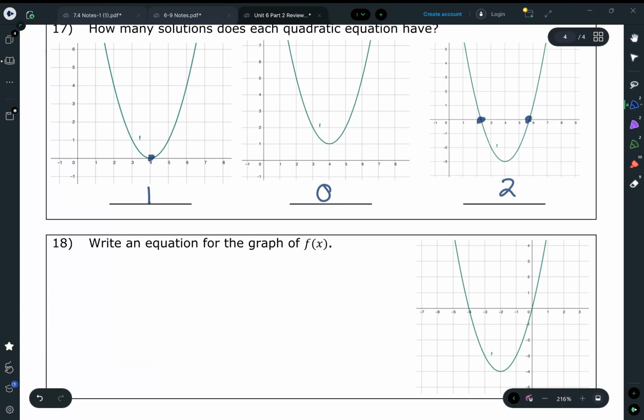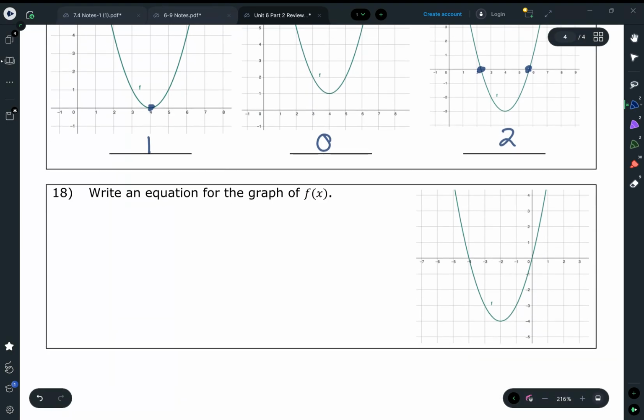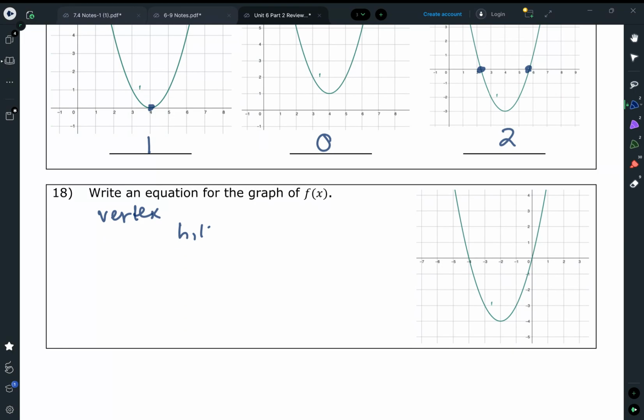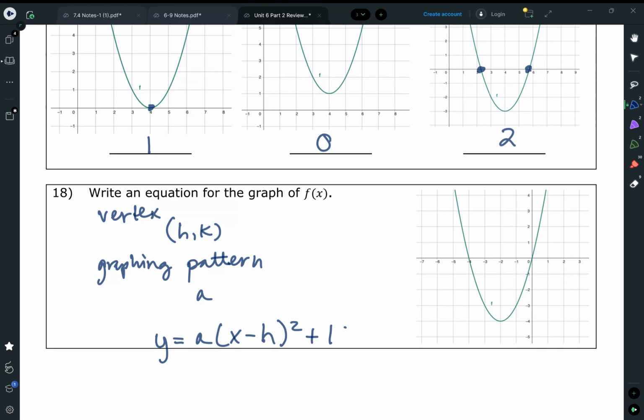Last problem, we're trying to find an equation for the graph. So I want to think about my vertex, and that's going to be my HK. I want to think about my graphing pattern, which is going to help me find A. And we're going to write an equation as y equals a times the quantity x minus h squared plus k.